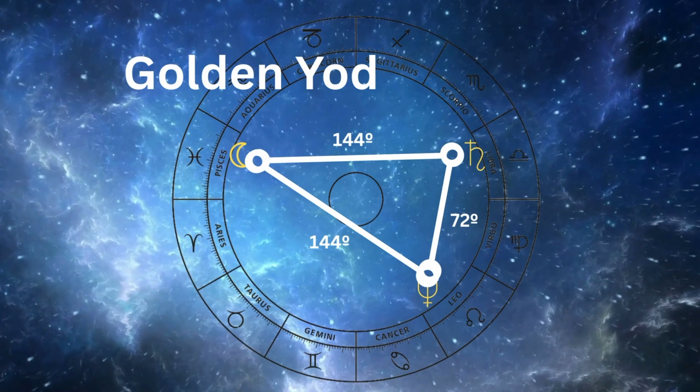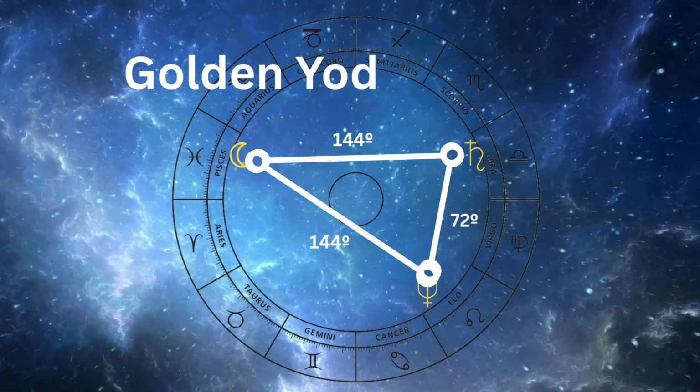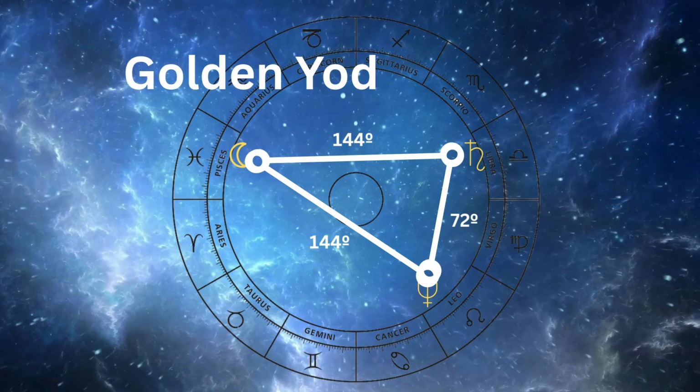That 144 degrees is technically within a 6 degree orb of a traditional Yod or a finger of God because 150 is 6 degrees away from 144. So that's the part where it can get kind of tricky because then you start to bleed over into other aspects and it's not a true quincunx anymore.